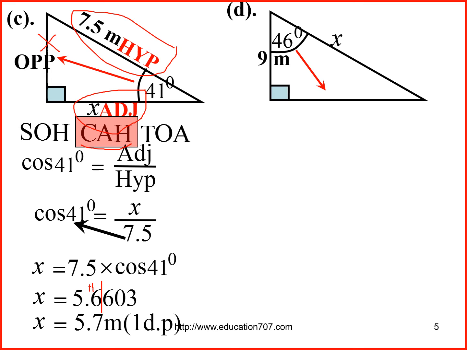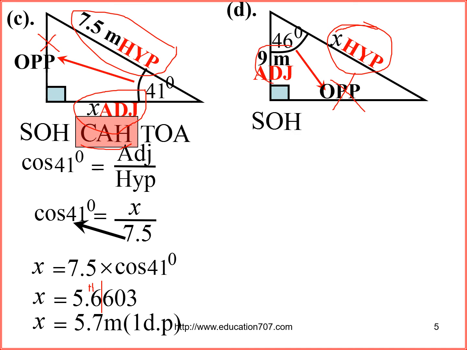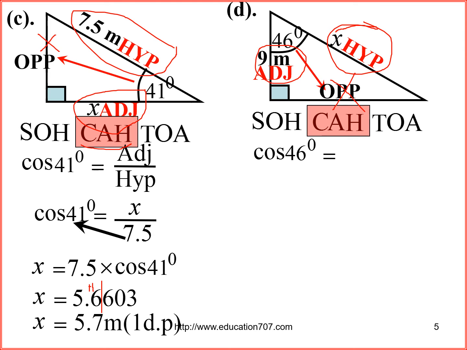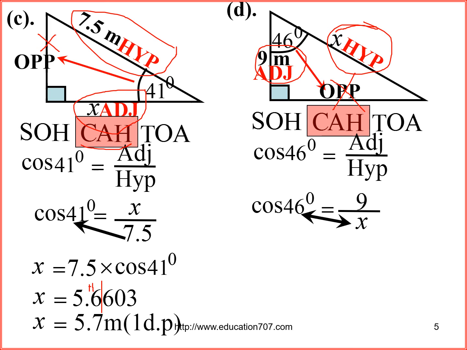Part D. So opposite to 46, we have opposite. The other side is adjacent, the longest side is the hypotenuse. So we do not know the opposite and it is not required to find. Adjacent is given, hypotenuse is required to find, so A and H. Where do we have AH? Cos. So cos of angle 46 is adjacent over hypotenuse: cos 46 is equal to adjacent 9 over hypotenuse x.